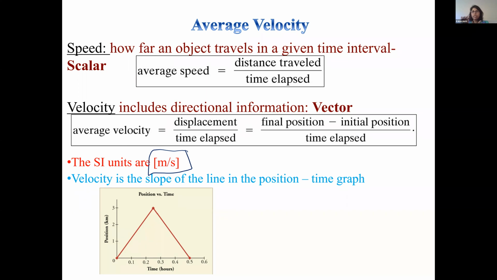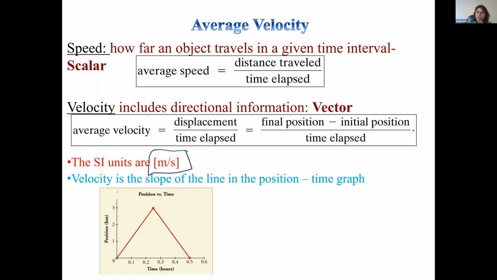Now your odometer on your automobile will basically give you the distance, right? That means the speedometer will give you the speed, not the velocity. Okay, so now it is very easy to understand by watching the graphical representation of the motion.